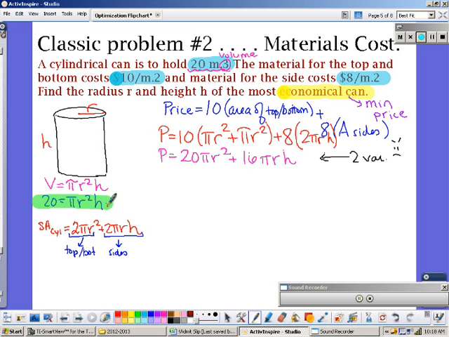I'm going to go over to the side right here. Let's just divide everybody by pi r squared. Those will cancel, and we get h equals 20 over pi r squared. Whew. Now we can take this and substitute it in for h right there.